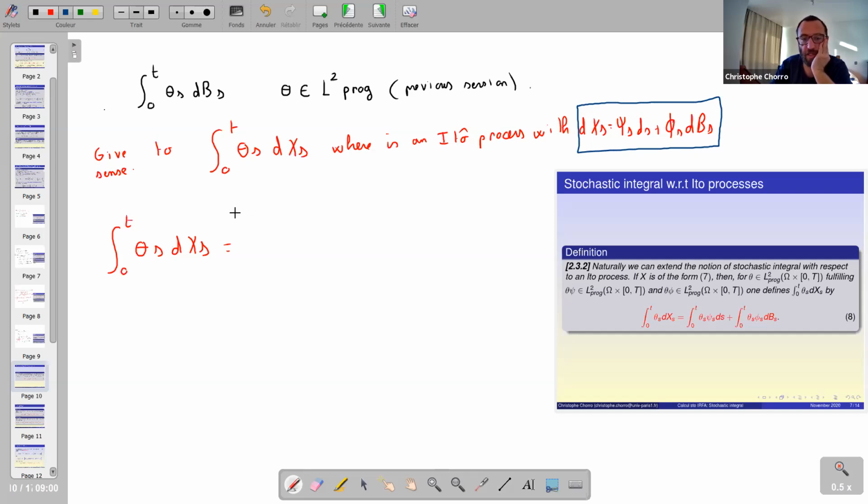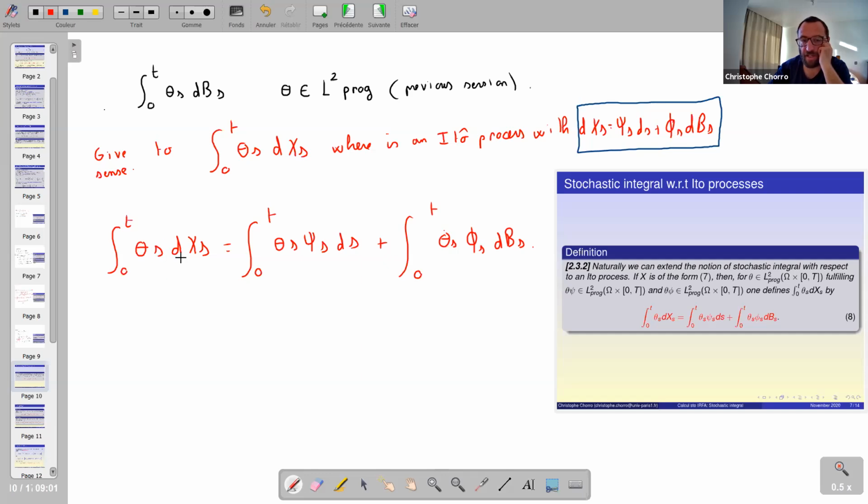And if I do this, I obtain the integral between 0 and t of theta of s psi of s ds plus the integral between 0 and t of theta of s phi of s dB_s. So just using this differential notation and plugging it inside what I want to define here.